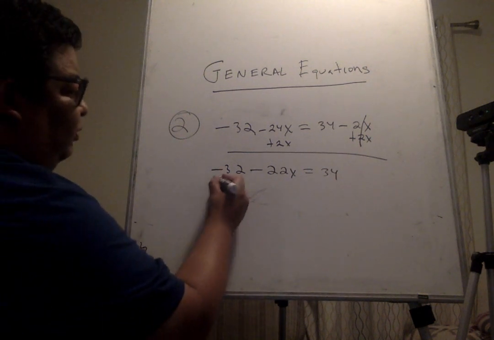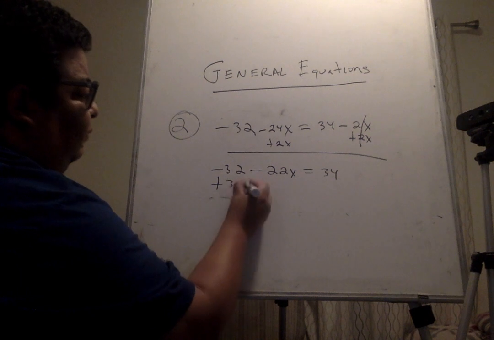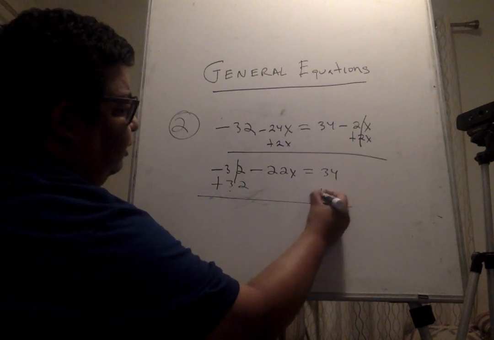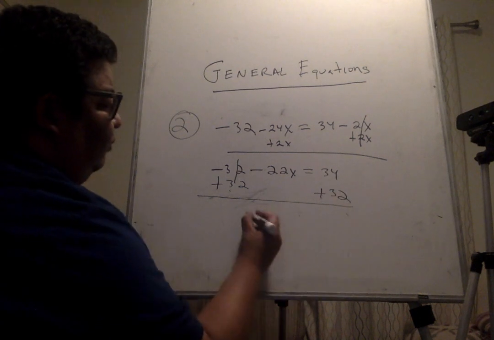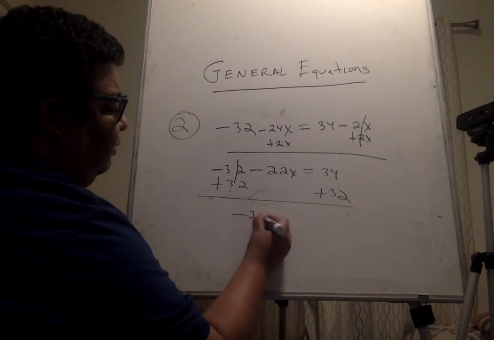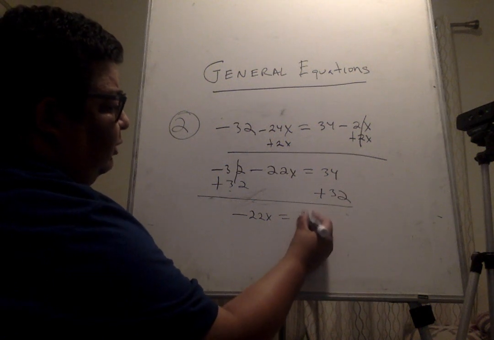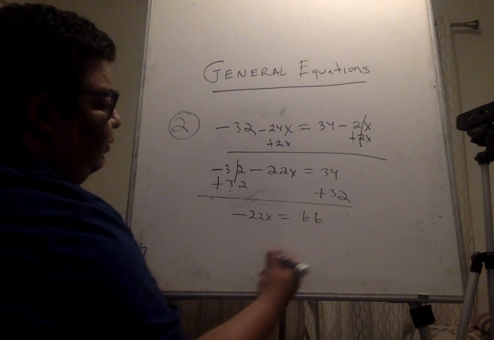Let's move the 32 to the other side by making it positive. This cancels. Whatever we do to one side, we do to the other. So we do 32. Then we have negative 22x equals 34 plus 32, that is 66.